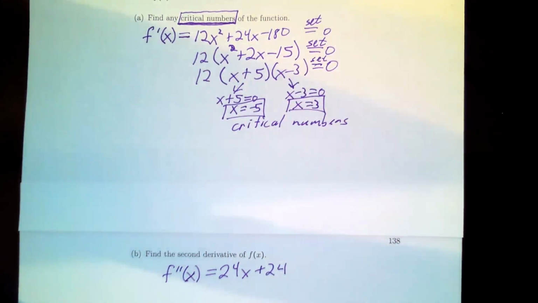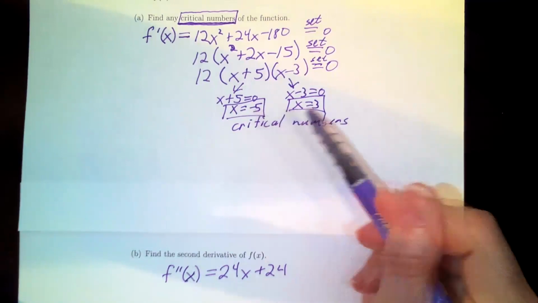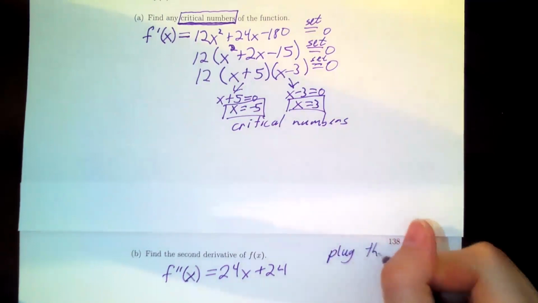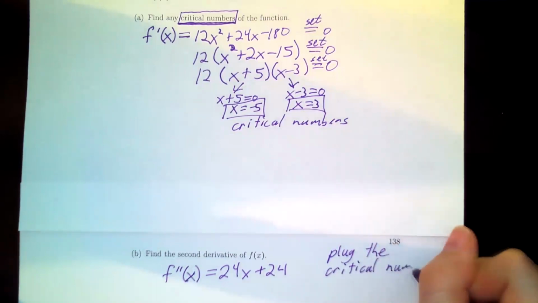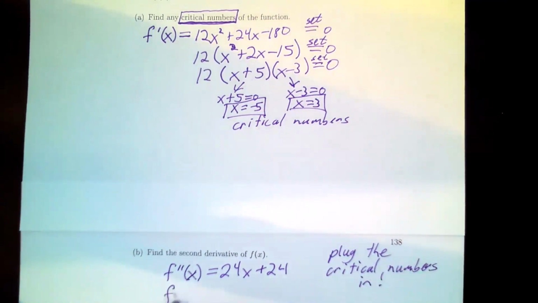And remember, the second derivative's whole purpose for existing is to tell me where my function is concave up or down. So I'm going to use this concave up or down function right here to tell me what the concavity is at these 2 points. So what you do is you plug the critical numbers right on in to that second derivative. So I'm going to find f double prime of negative 5 and f double prime of 3.